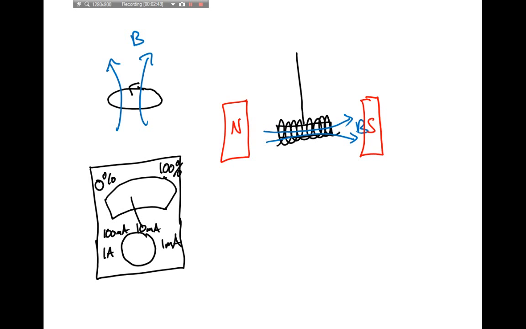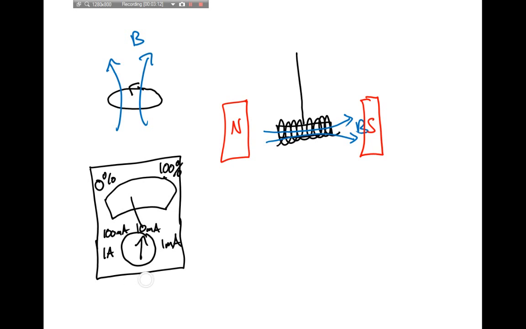And what you do is you point the scale to one of these things. So for example, if I point the knob so it points at the 10 milliamp scale, then that means this 100% reading over here corresponds to 10 milliamps. So if the needle points at something like 25%, then that means the current that the ammeter is reading is equal to 2.5 milliamps, or 25% of 10 milliamps.